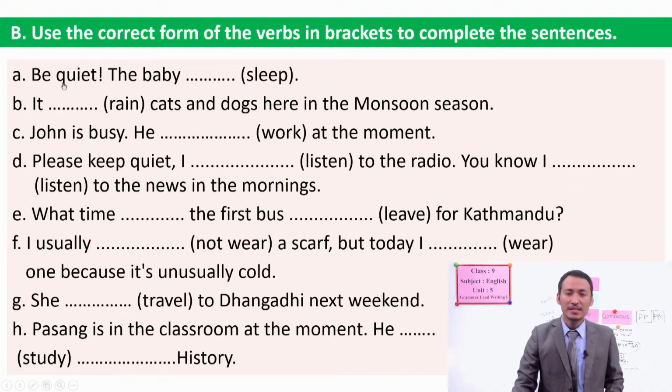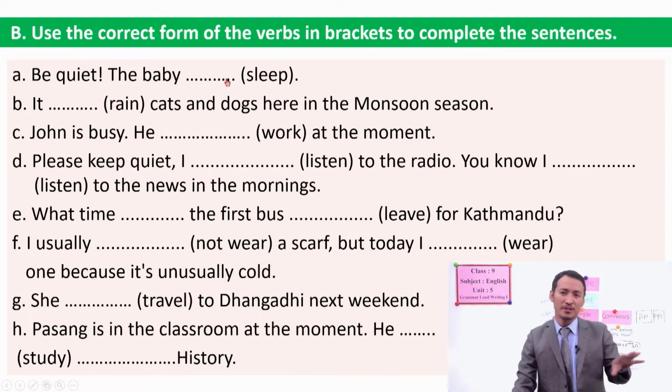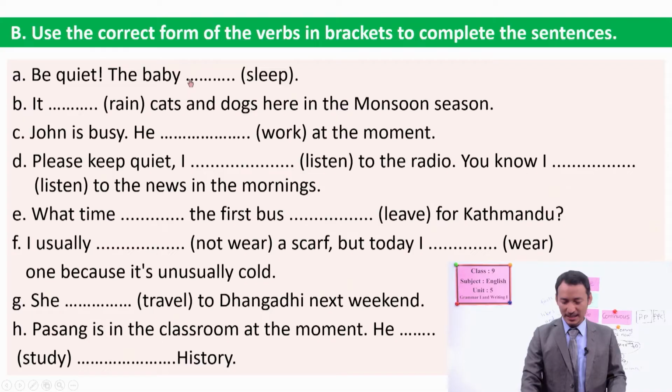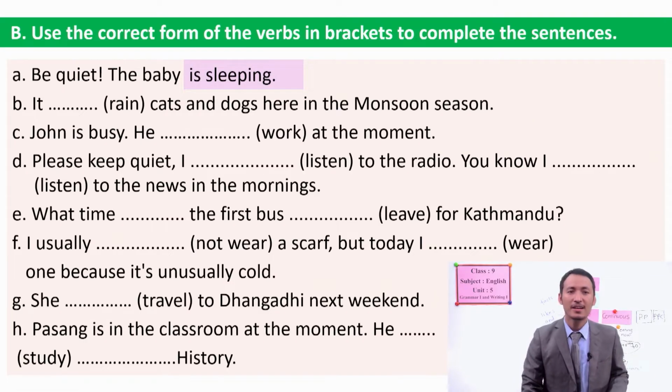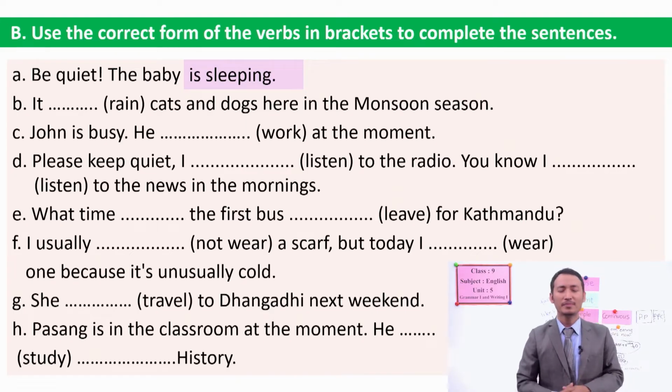Be quiet means at the moment the baby is sleeping there. So you have to make it present continuous tense. The situation or the expression be quiet requires present continuous tense. That is, the baby is sleeping.